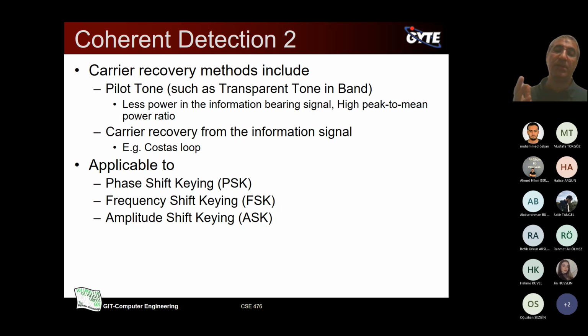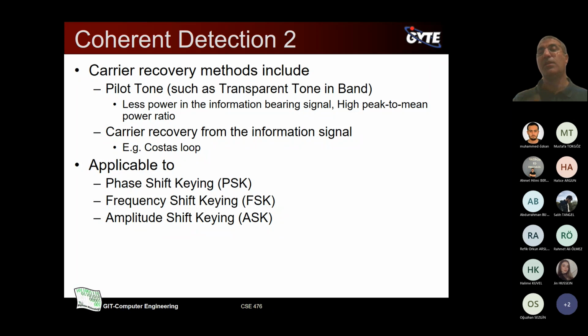In the first one, we send an additional special signal, which doesn't carry any information, just for the sake of detection. We send additional pilot signals basically, but in the second method, we don't send any additional information for detection.